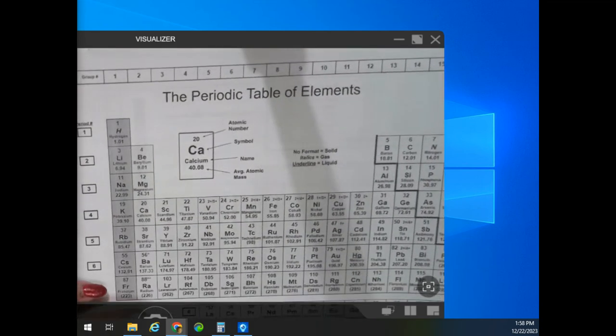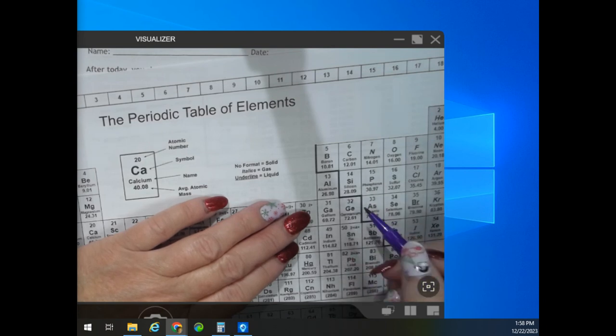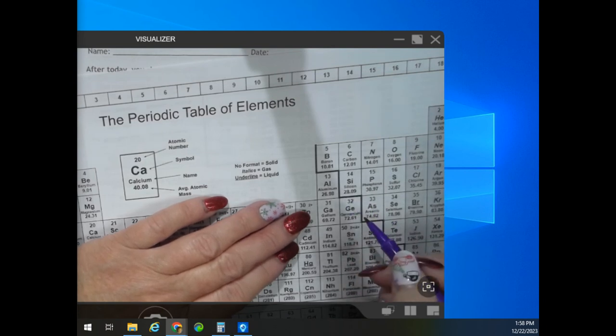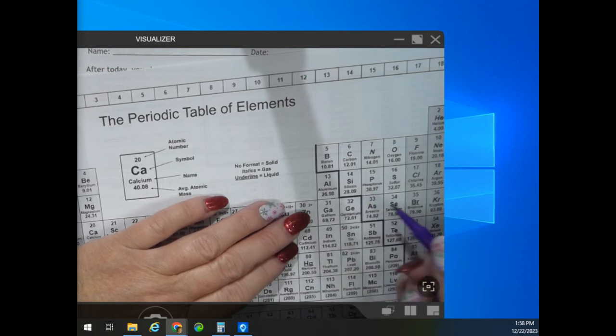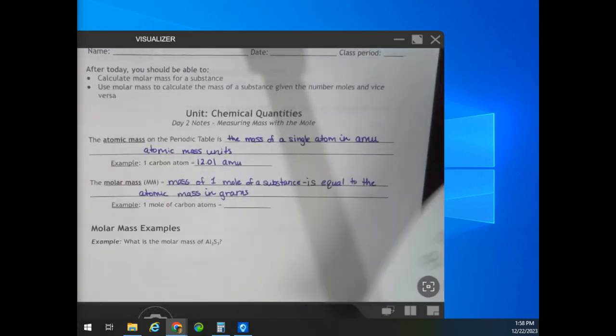All right. So we're looking at this number on the periodic table. Silicon either has an atomic mass of 28.09 AMU or a molar mass of 28.09 grams. It's just a matter of what units we are talking about.